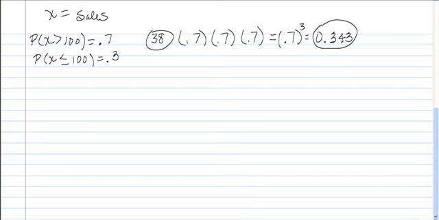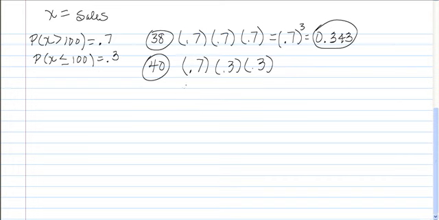Alright, and number 40, our last problem that we'll do here. Exactly 1 of the 3 sales on Wednesday is for more than 100. So we have the first one, and then we have the second possibility. Notice we could have the sale for more than $100 be the first, second, or the third sale.